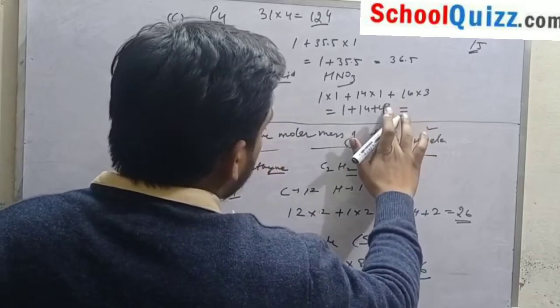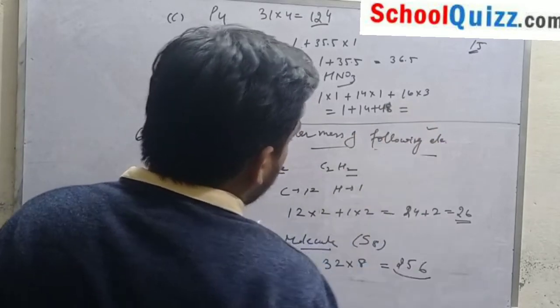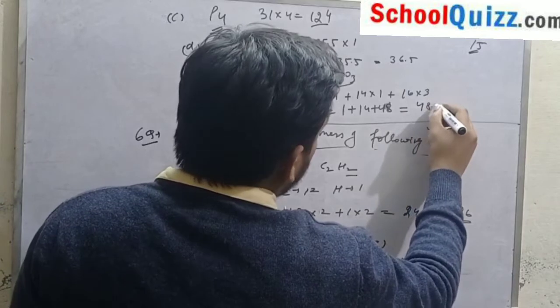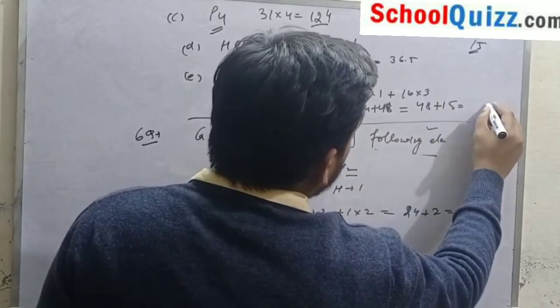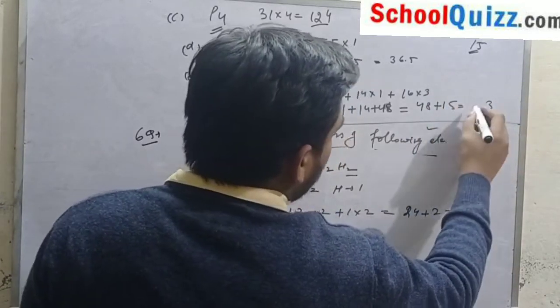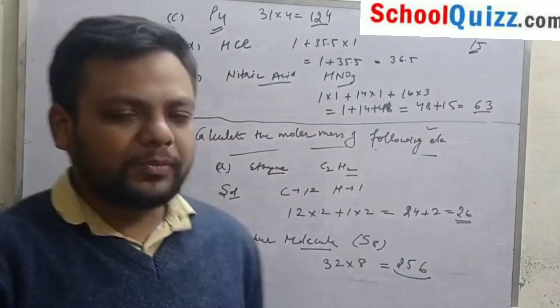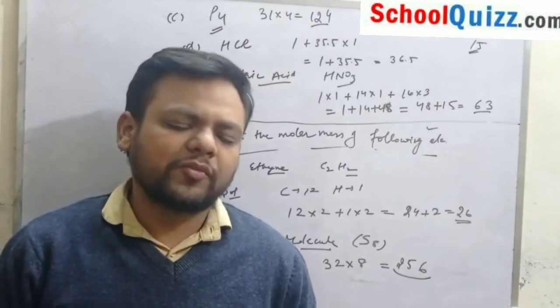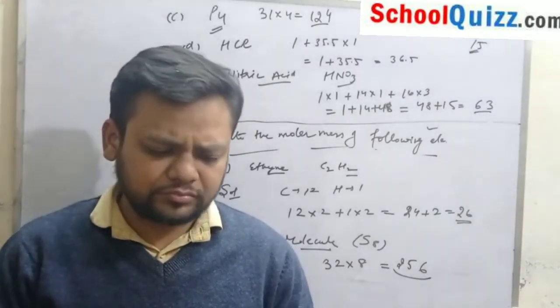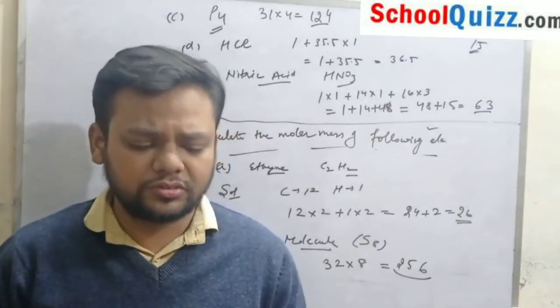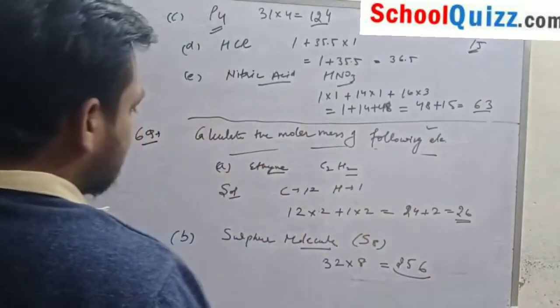So 48 plus 15, that is 63. So its molecular mass comes out to be 63. Very, very simple question, students. Now we will move to question number 7.